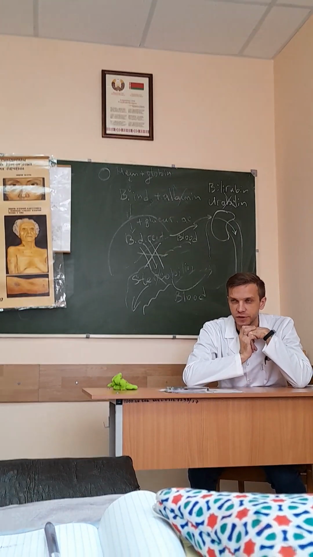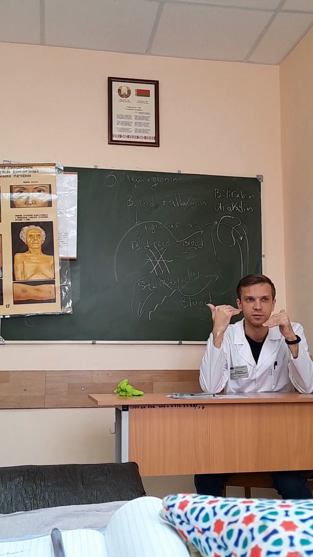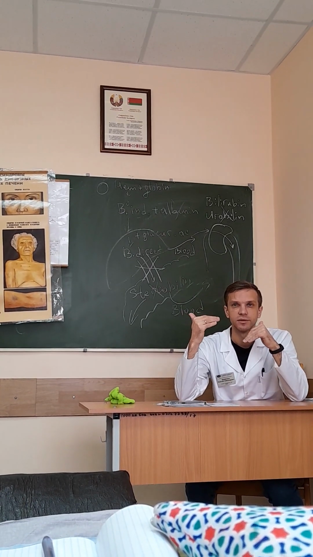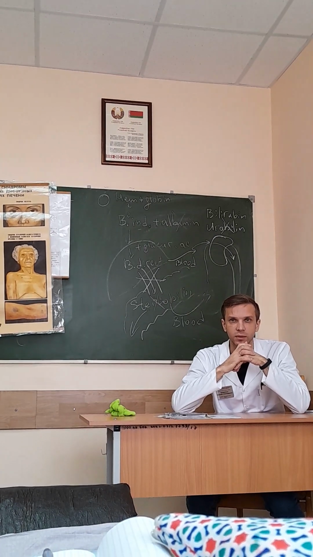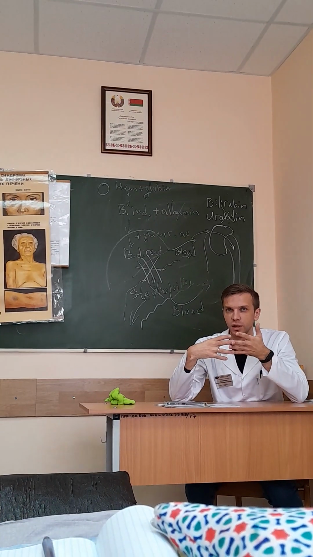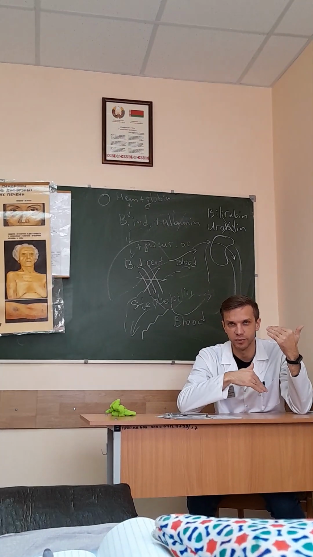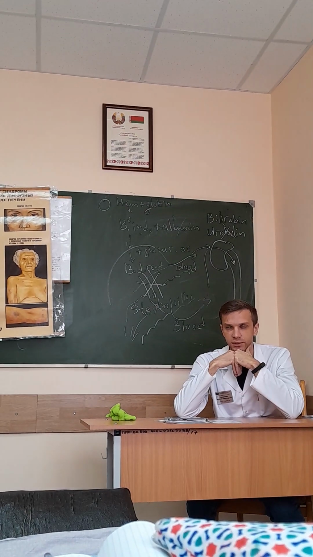So in iron deficiency, we will see decreased iron, increased iron binding capacity of blood serum, decreased ferritin, and increased transferrin. In overdose of iron, we will see everything opposite. Increased iron, decreased iron binding capacity, increased ferritin, decreased transferrin.